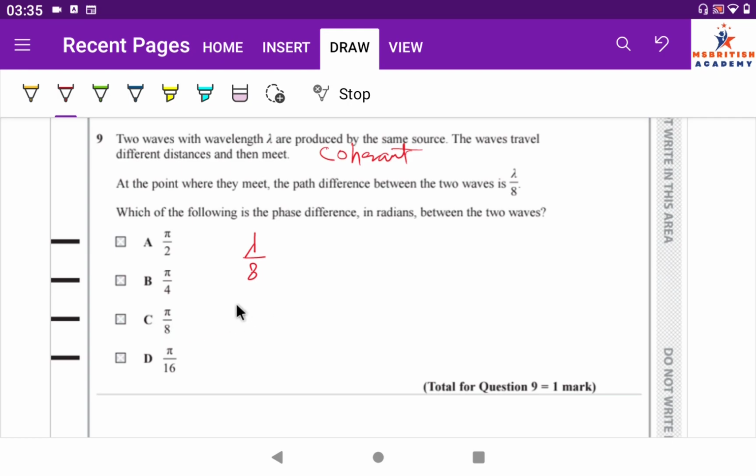So as we know, for lambda, the phase difference is 2 pi. So for lambda by 8, the phase difference will also be divided by 8, so it will be pi by 4. So you can say here pi by 4, B, is the correct answer.